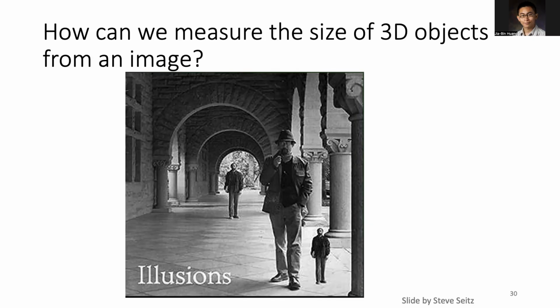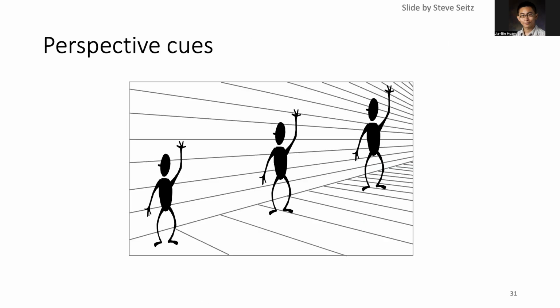Okay, so here's how it works. If you look at these, I show the vanishing lines, all these lines that are converging to the same point. You use the fact that the lines that converge on the vanishing point are lines that are parallel in 3D.